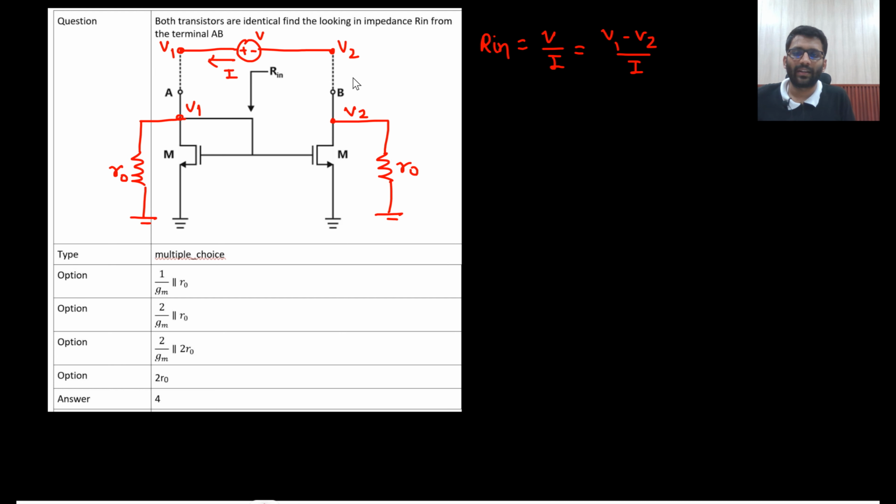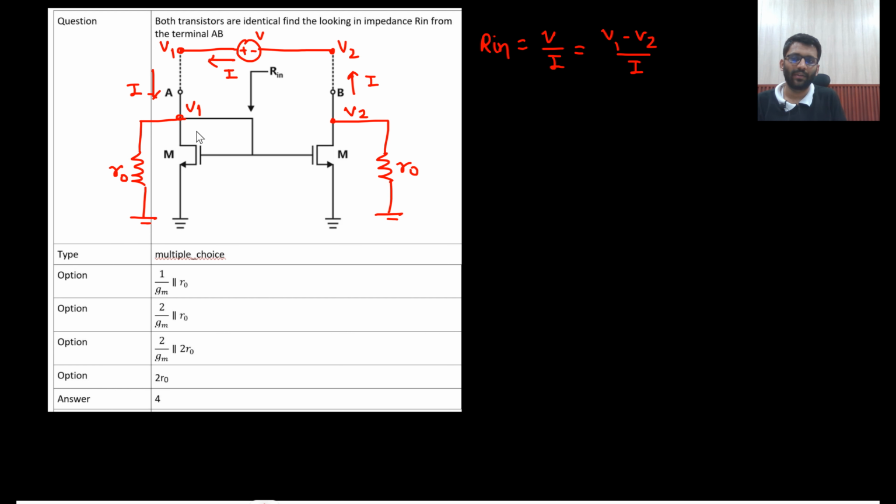Now I need to write down the equation. This is your I, and here also I am having I current. So my current I is equal to V naught by R naught plus the current in the MOS. The current in the MOS I don't know, so I assume this potential is X. So the current in the MOS would be GMX, and the current here would also be GMX, right?